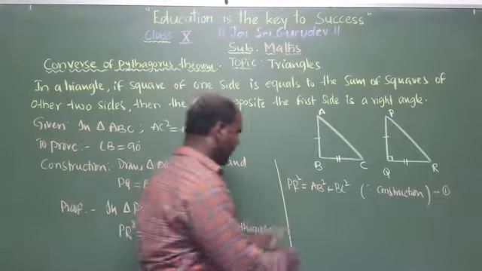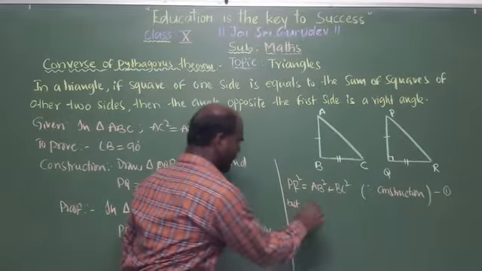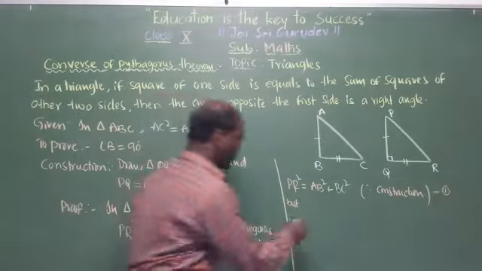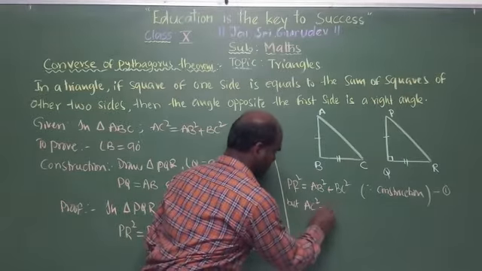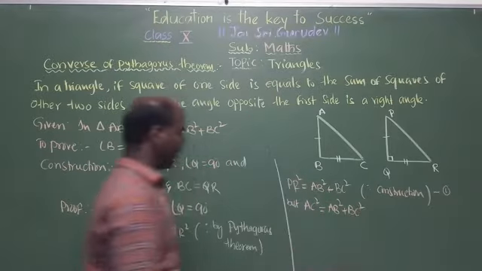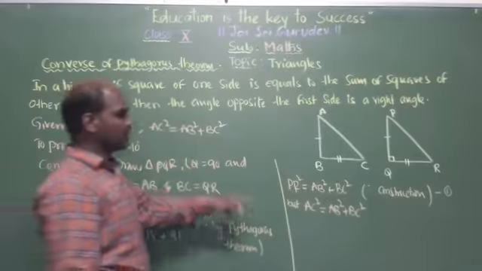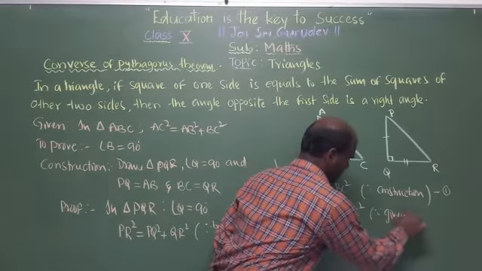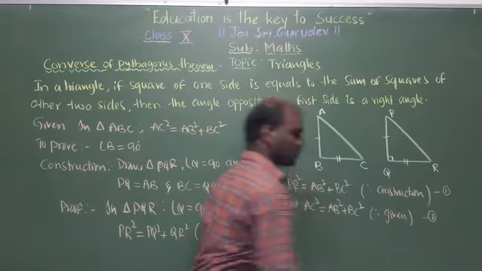But what is given, children? By the given condition, AC square is equal to AB square plus BC square. This is from the given condition, so it is equation 2.